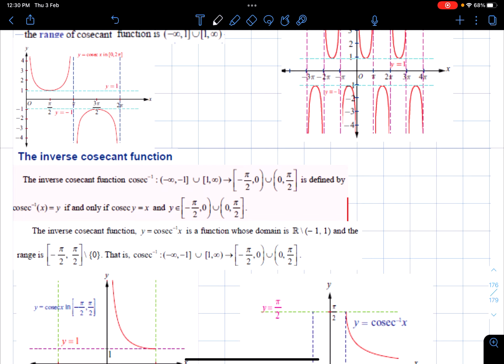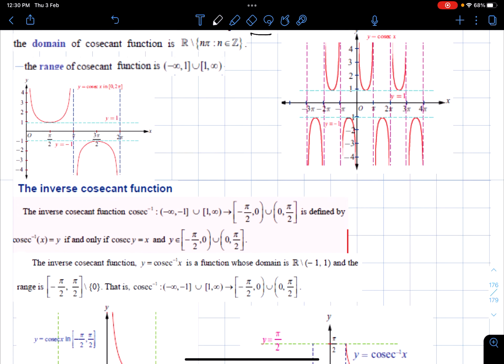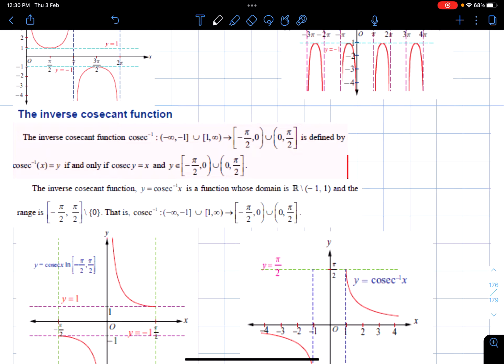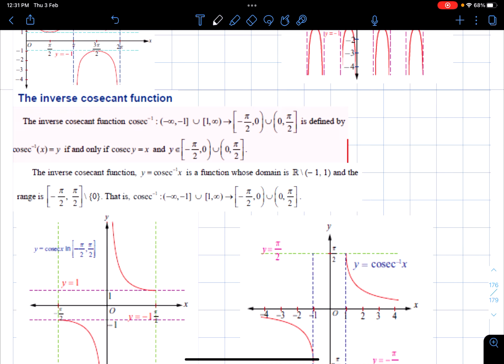The inverse cosecant function is just the opposite of this. It is defined as cosecant inverse of x if and only if cosecant y equals x, where y belongs to minus pi by 2 to 0 union 0 to pi by 2. The domain of inverse cosecant is R other than minus 1 to 1, and the range is minus pi by 2 to pi by 2 other than 0.